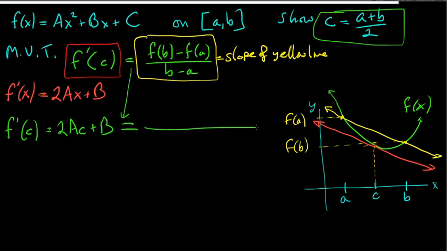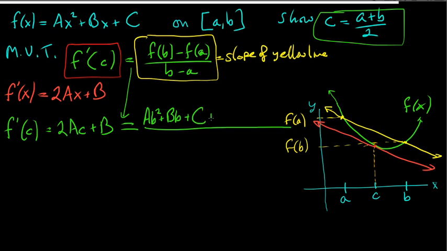I don't know if I have enough space for it, but let's try to squeeze it in here. What's little f of b? It's taking the little b here and replacing the x with little b. So that's going to be capital A lowercase b squared plus capital B times lowercase b plus capital C. And then what's f of little a?